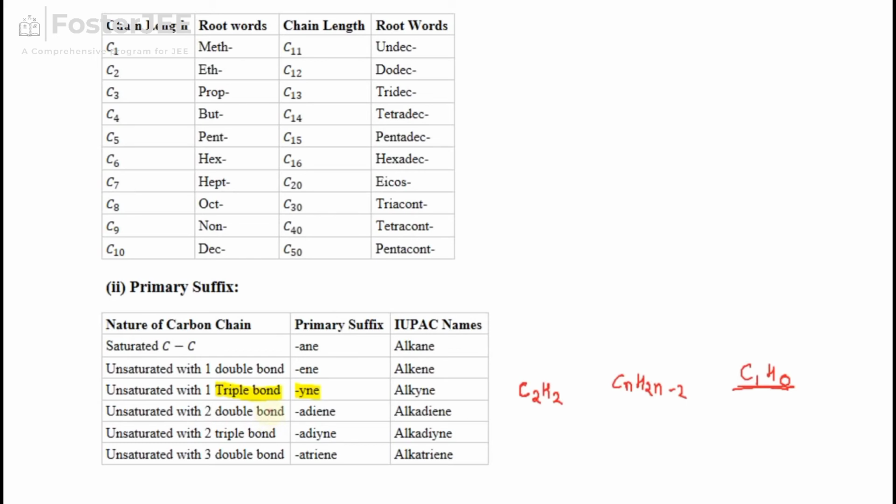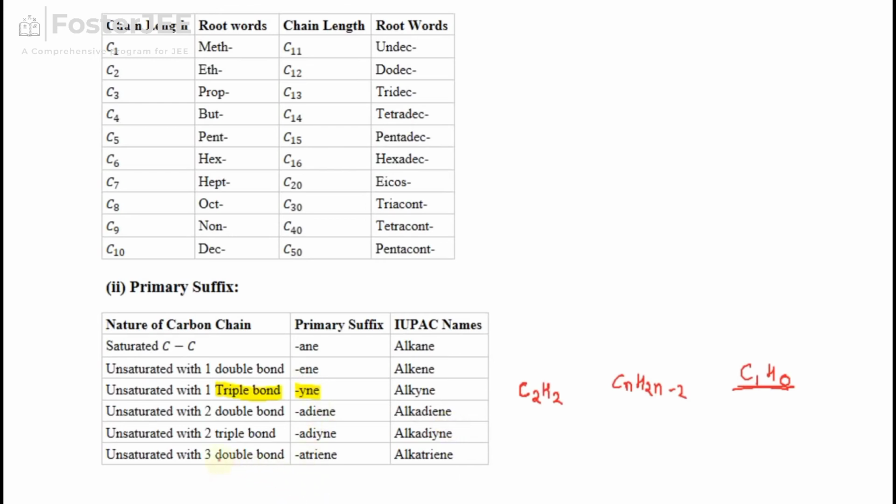Now the unsaturated with two double bonds. If two double bonds are present in a compound, then the primary suffix is adiene, and the IUPAC name will be alkadiene, like butadiene, pentadiene, hexadiene.